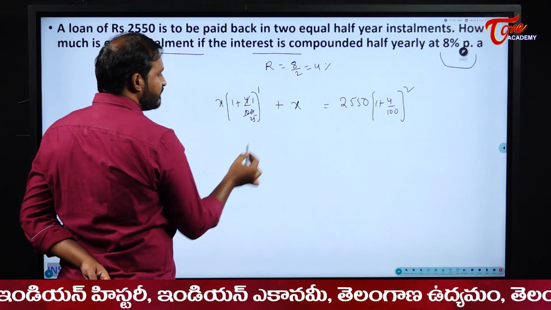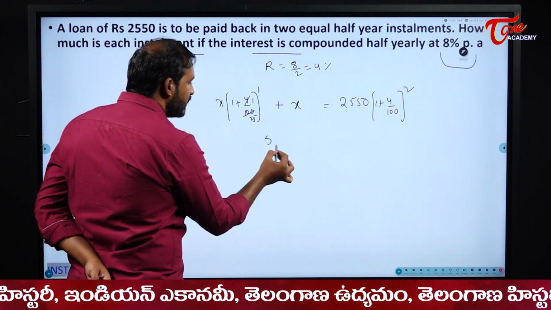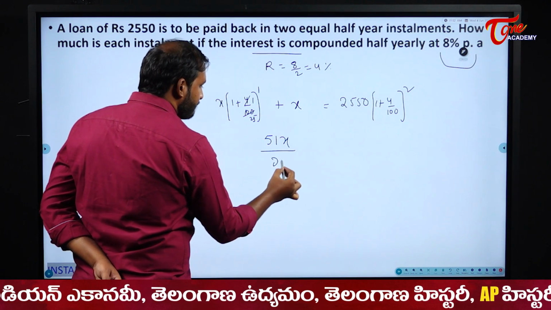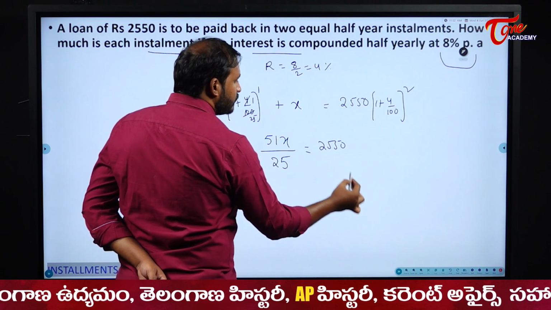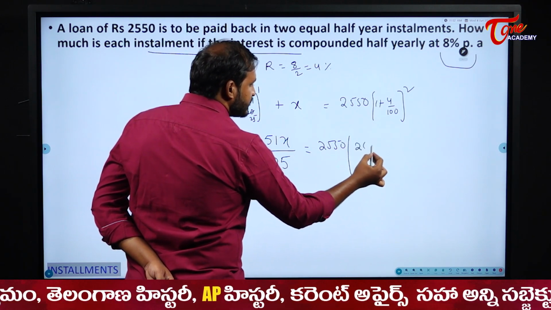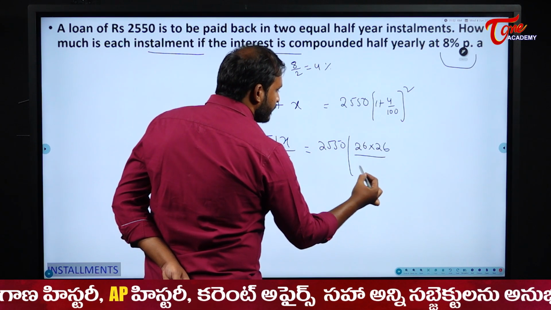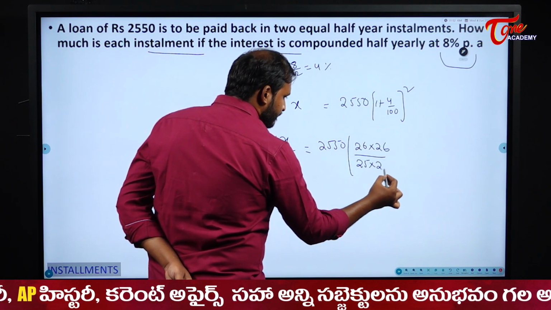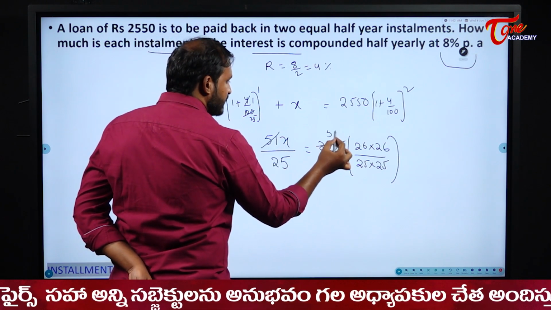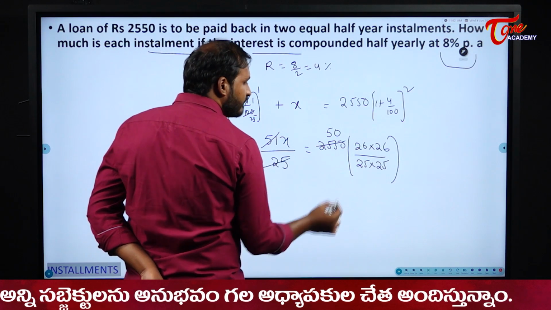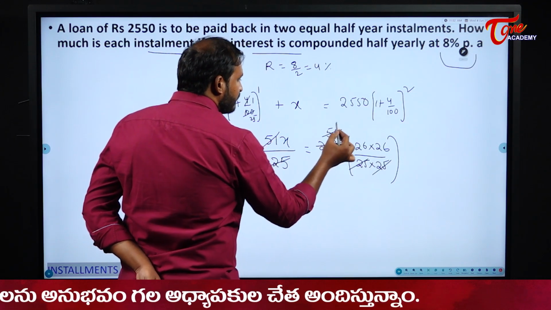So now what happens to this one? 26x plus 25x, what does it become overall? 51x by 25 is equal to 2550 into 26 into 26 by 25 into 25. Okay. So now 51 ones, 51 5s and zeros. Next, 25 will get cancelled. 25 ones, 25 2s.